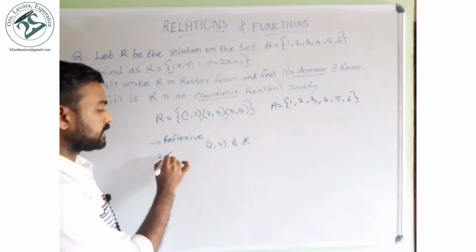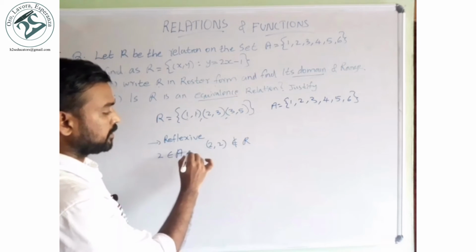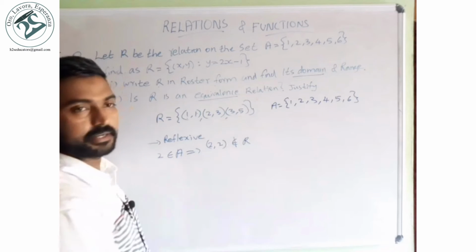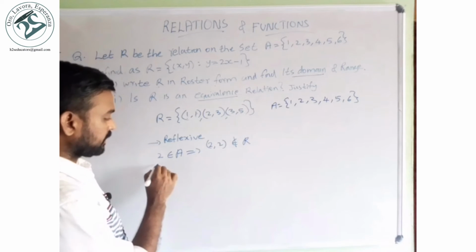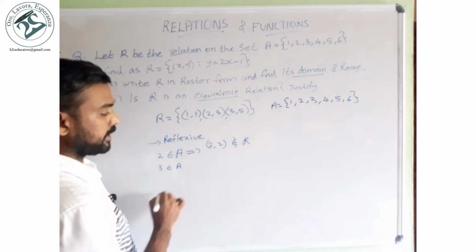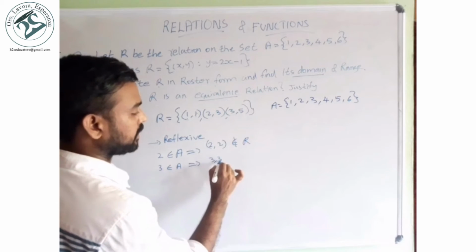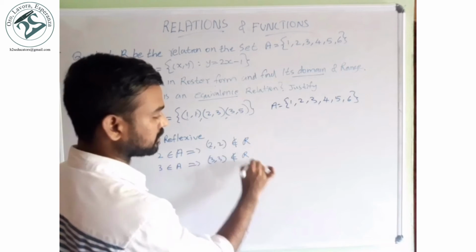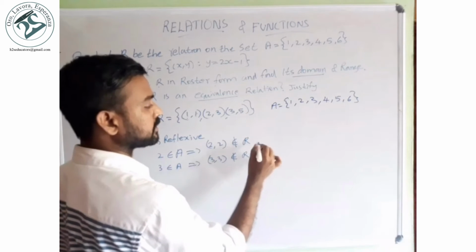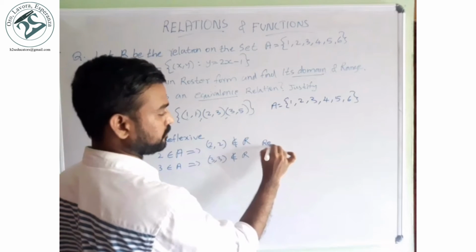So 2 is an element of the set A, but (2, 2) is not an element. Also 3 is another element in A, but (3, 3) is not an element in R. Therefore, this relation is not reflexive.